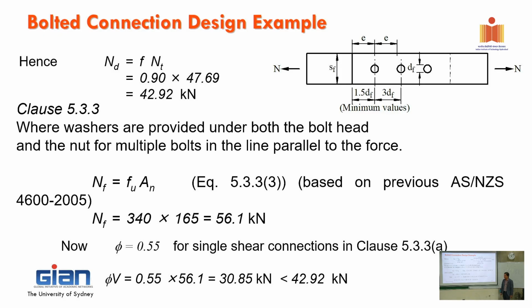The other uncertainty is that we really don't know the bolt properties exactly. We base it on the manufacturer's catalog or information, but we don't know exactly. That's why, when we calibrate the bolted connection equation, the phi factor is really low, 0.55.